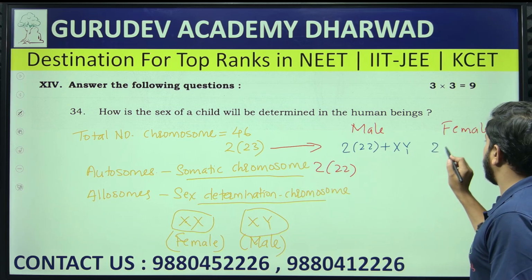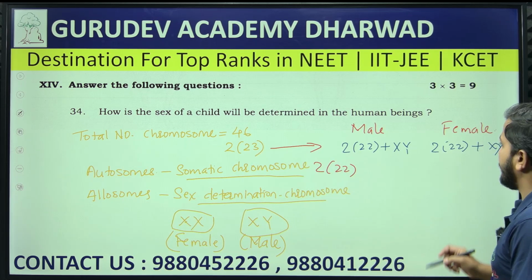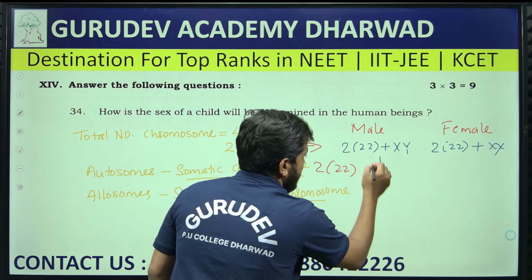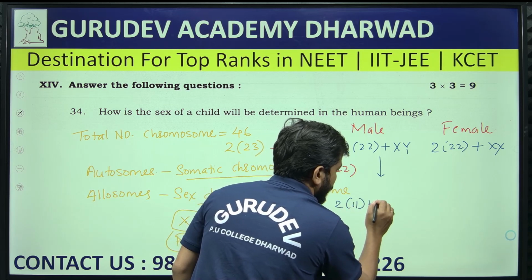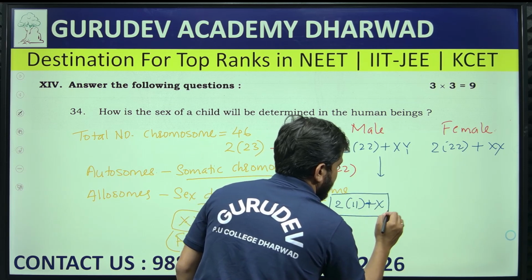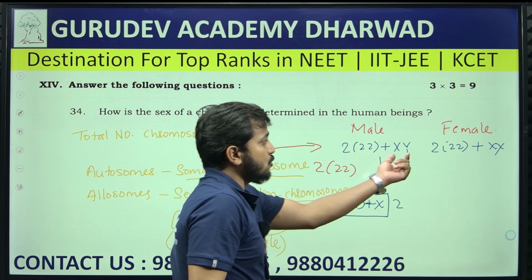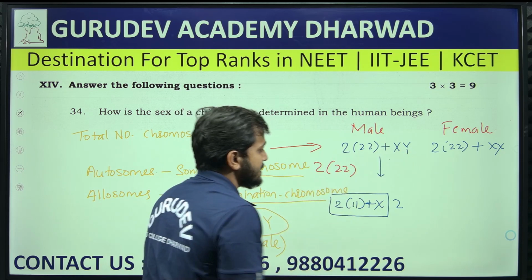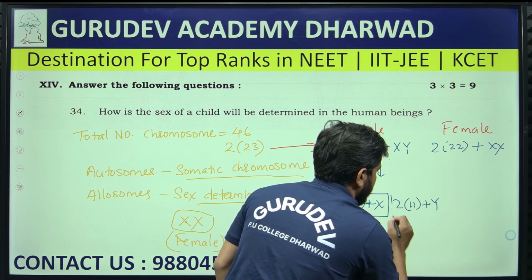Same way here, 22 plus XX. Understanding? Then definitely the gamete formed: the male is going to form 22 plus X. This is one type of gamete, and again the condition being heterozygous, these both of them are not identical, they are non-identical, so we call it heterozygous, 22 plus Y, right.